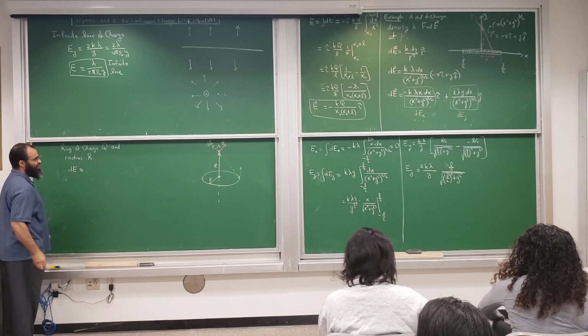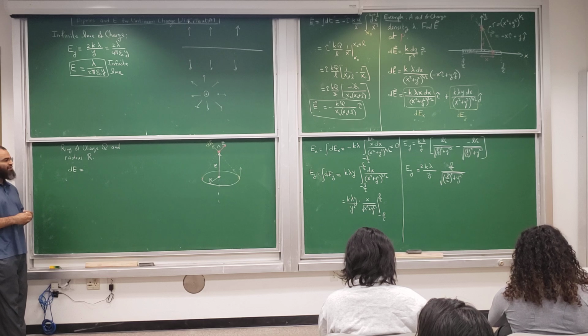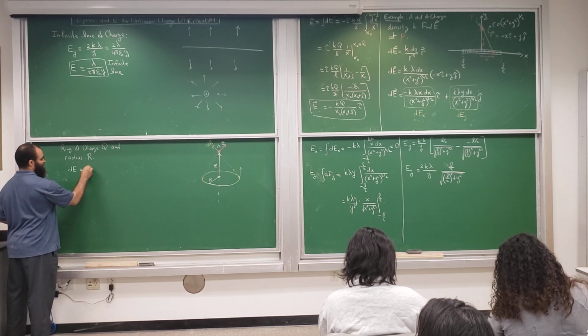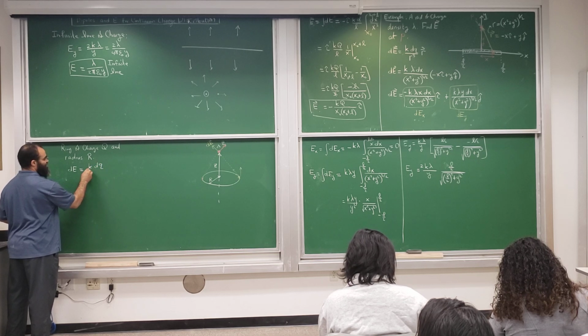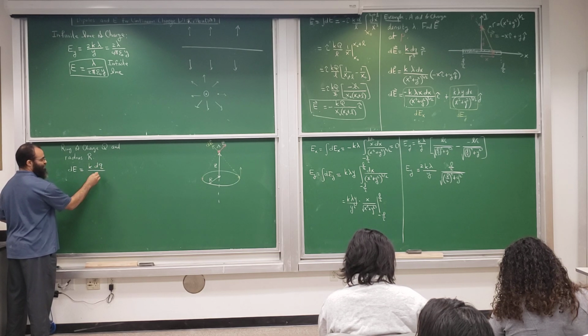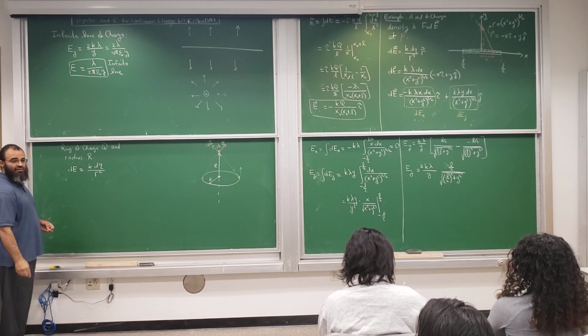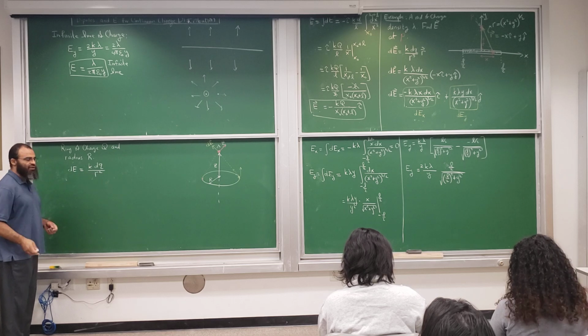So let me write down what dE is. I just want its magnitude. I would worry about the direction in a second. dE is going to be K dq over r squared. I would worry about the direction in a moment.